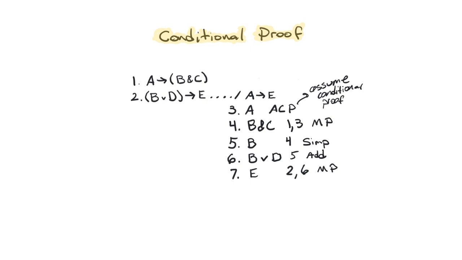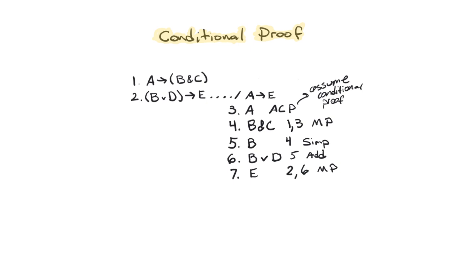And now we have essentially completed the conditional part, this indented part, such that we've proven that if we assume A, we can derive E, which is the same thing as saying if A, then E, which is our conclusion.